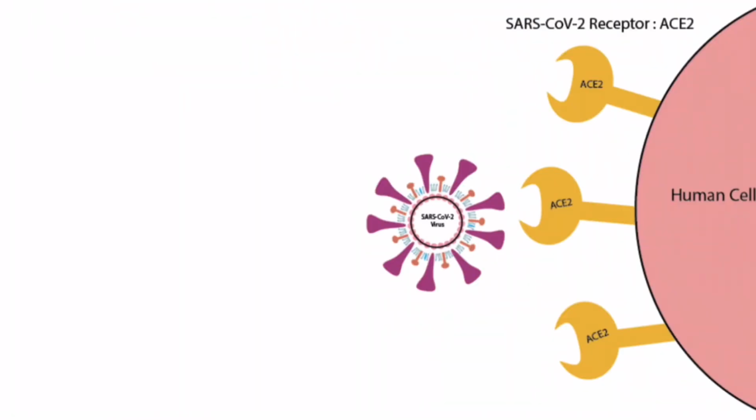Now this is the virus and this is the host cell, or a human cell, and these cells have ACE2 receptors on their surface. So this S protein binds with these ACE2 receptors.